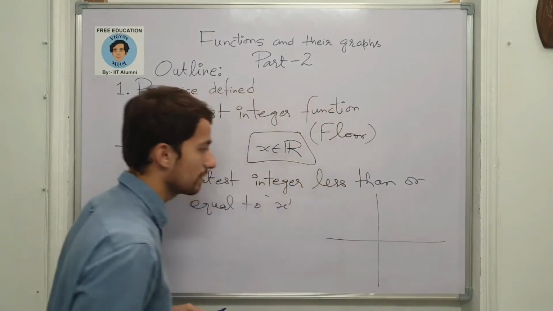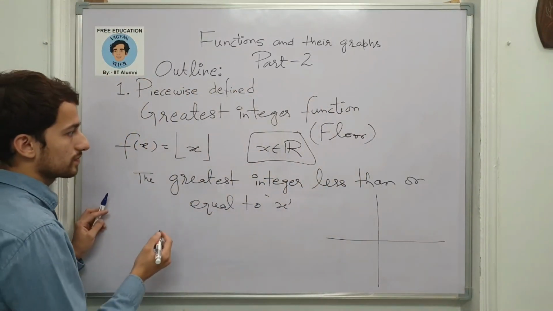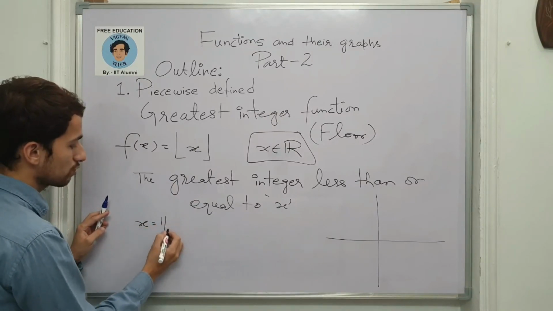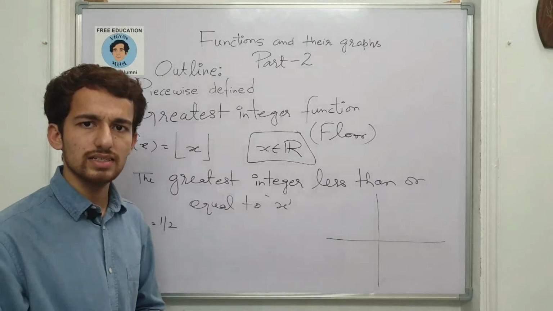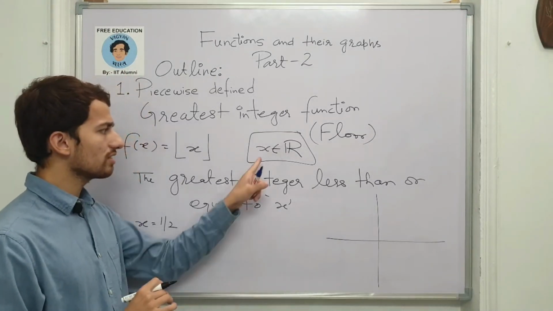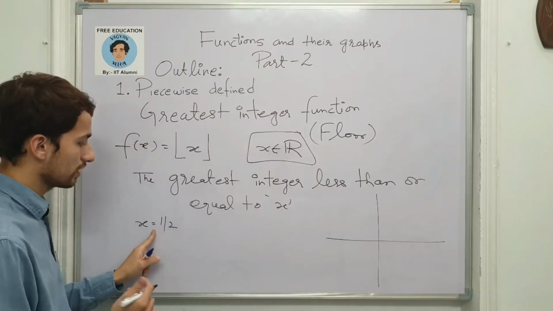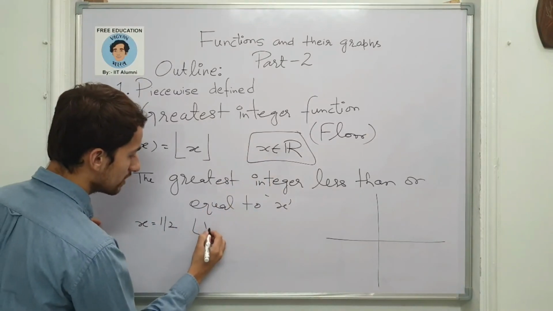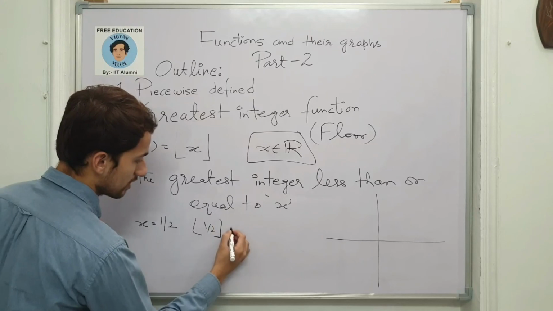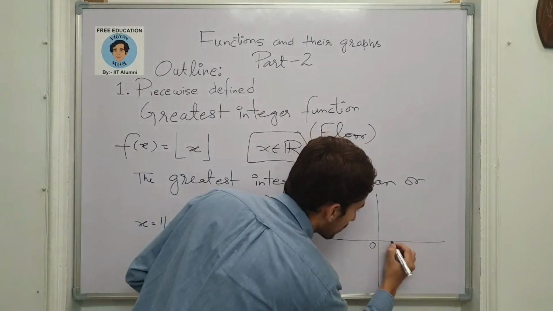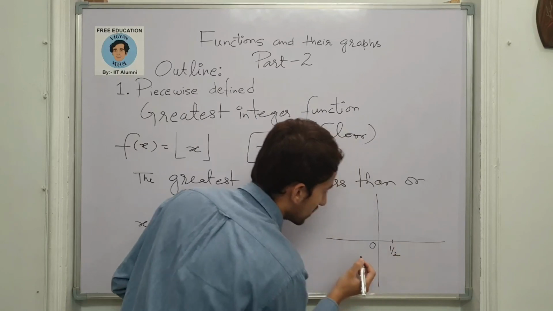I'm going to plot it simultaneously. So suppose I choose x equals half. This is an input which I can take because I am free to take any real number. So I in particular chose x equals half. So the greatest integer of half will be an integer. Suppose here is your 0. This is your half which you have just chosen.